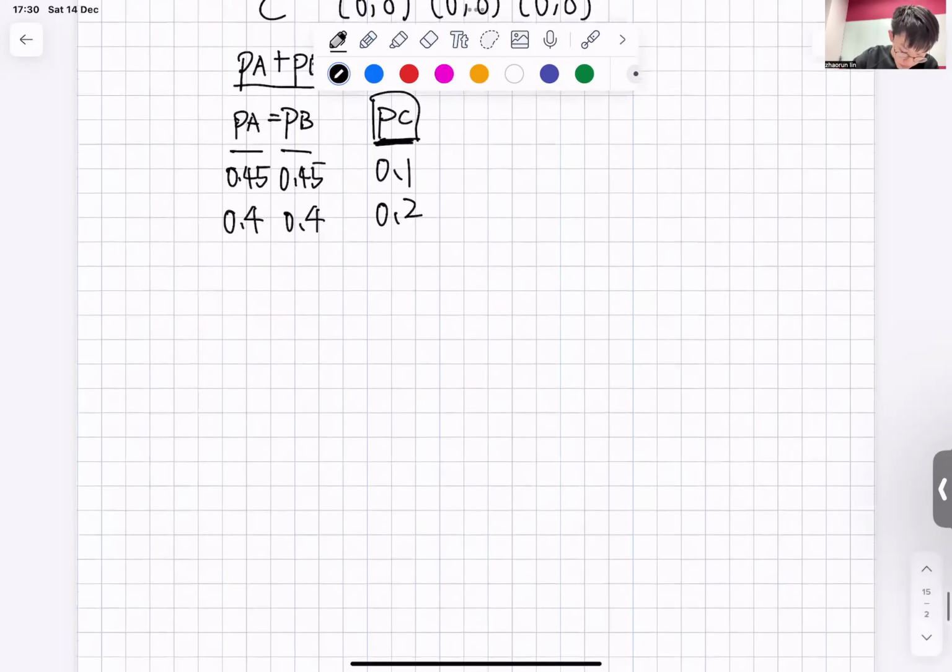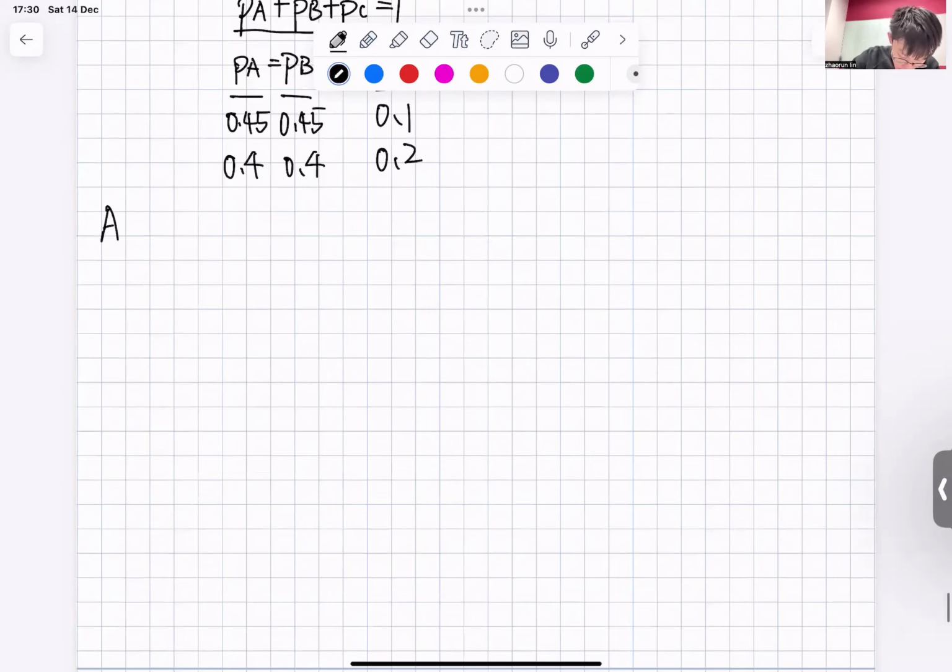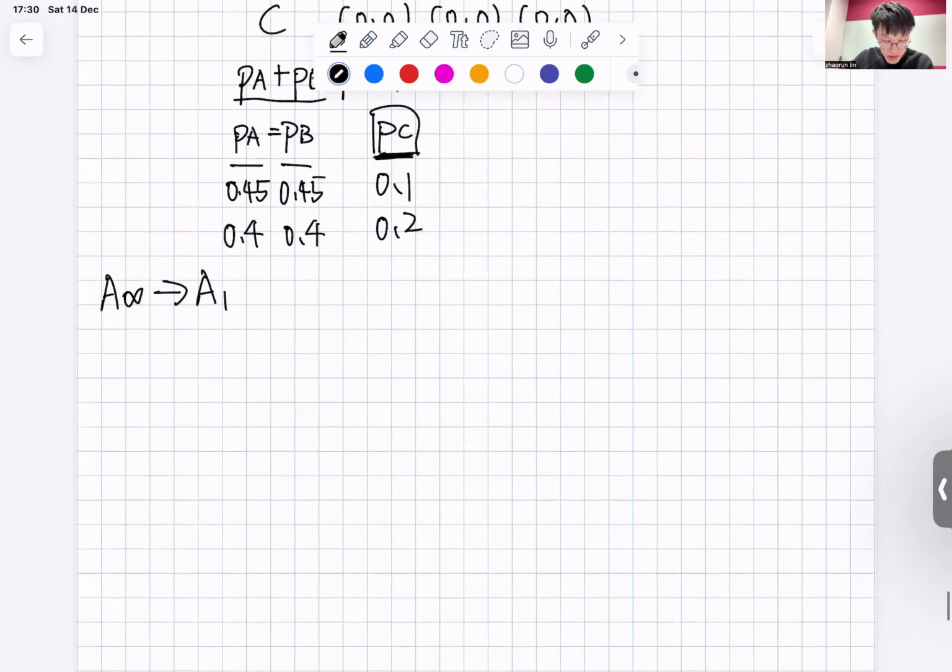And for the reverse direction, A infinity to A1, again, we will add a strategy. We can add one more strategy that has more payoff than the largest original payoff in the game.